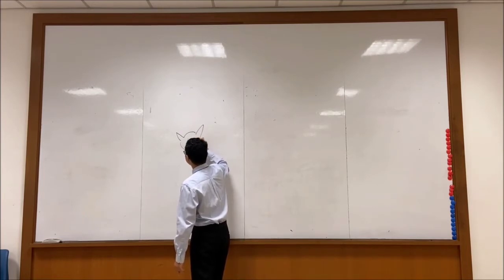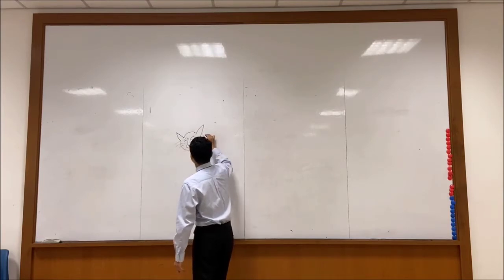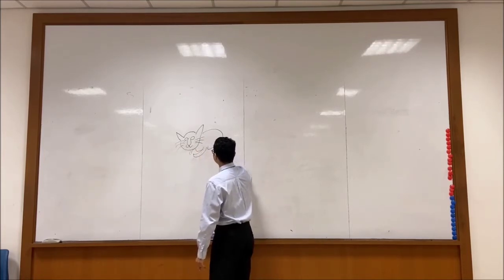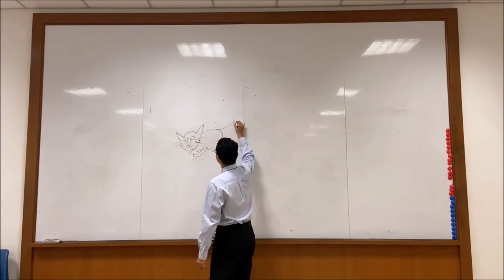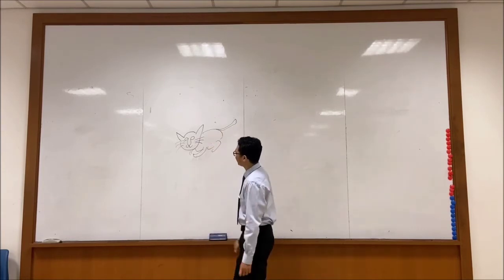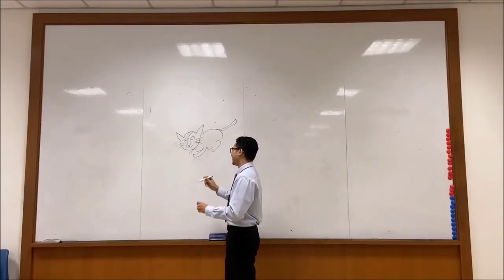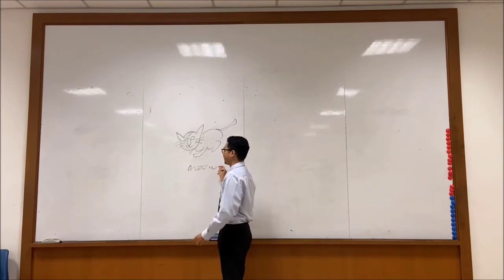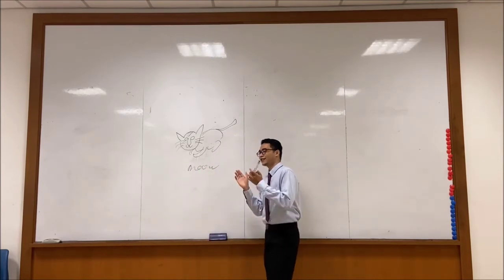Let me finish the drawing. So, what is this? Yes, that's correct. This is a cat, and it sounds meow. Good, my student. Give a clap to yourself.